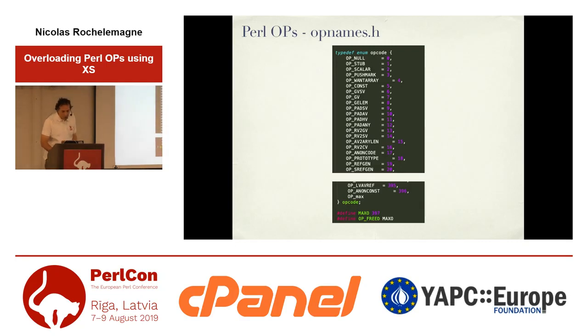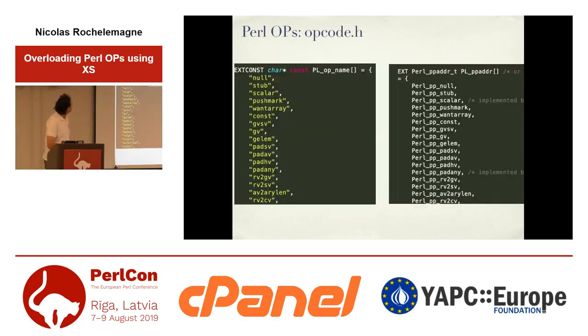But we also have, somewhere in that same file, a list of the names for all of these ops and their function that corresponds to the C code to execute every time we reach that op. So you will see that there is a mapping one to one: 0 is there, null, and we match Perl pp null, stub, and so on and so on.